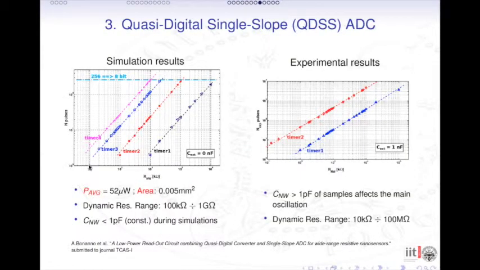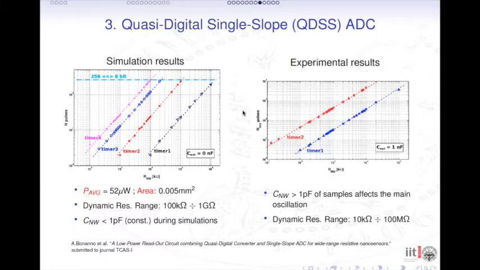This is the characteristic curve of the quasi-digital converter. Depending on the oscillation frequency of the reference ring oscillator, you have a different conversion curve. So for timer 1 at low frequency, and then timer 2, timer 3, and timer 4, you have 4 different conversion curves.